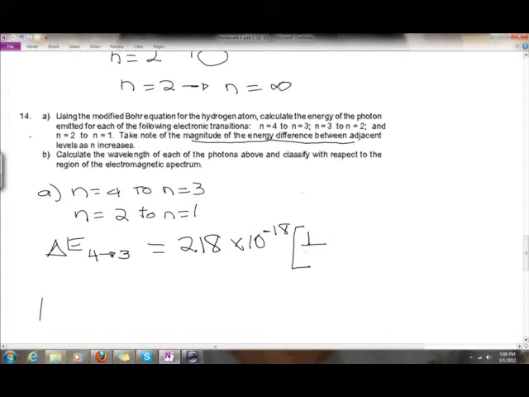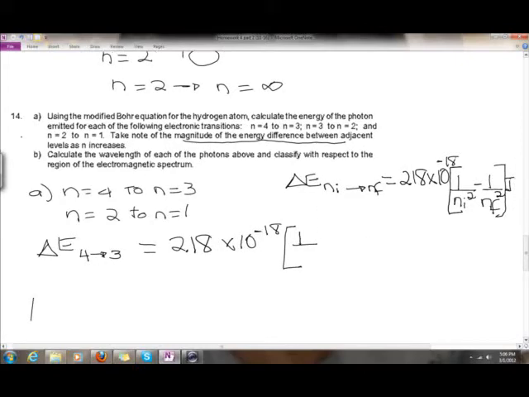Let me write the equation here. The difference in energy from the initial to the final energy level equals 2.18 times 10 to the minus 18 multiplied by 1 over the initial n squared minus 1 over the final n squared, and this is in joules.